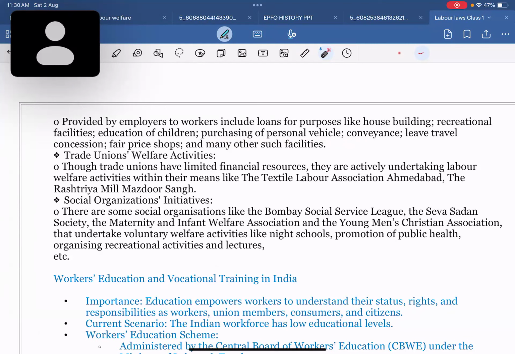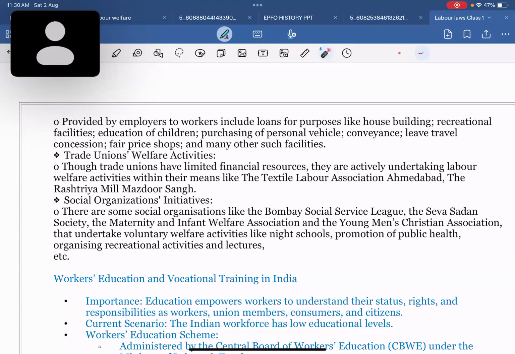Trade union welfare activities are also considered in that. Though trade unions have limited financial resources, they are actively undertaking labor welfare activities within their means, like the Textile Labor Association Ahmedabad and the Rashtriya Mill Mazdoor Sangh.